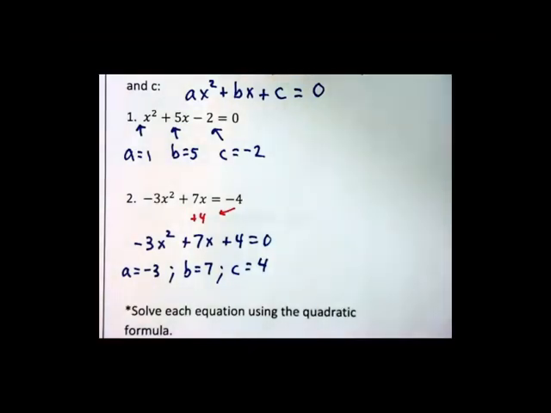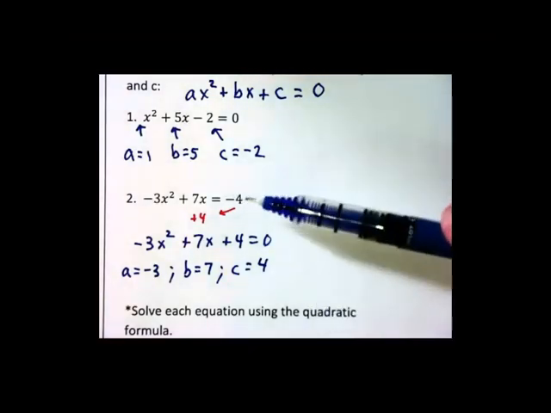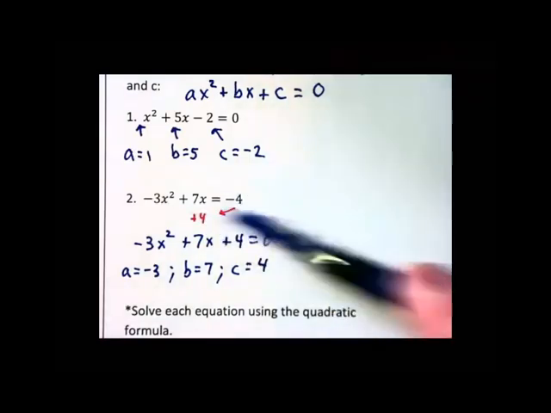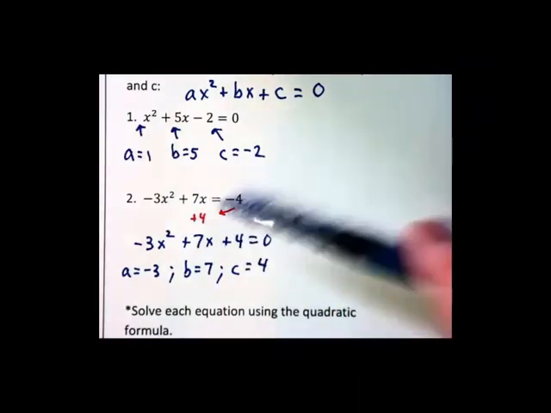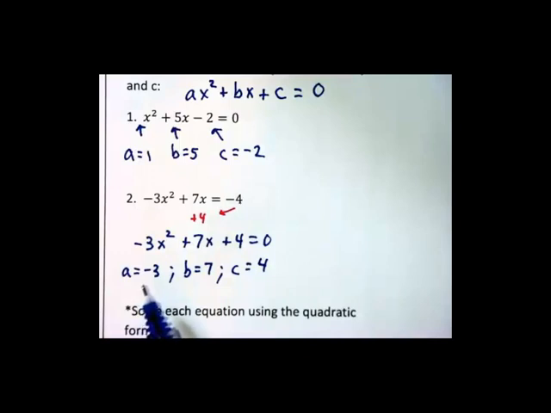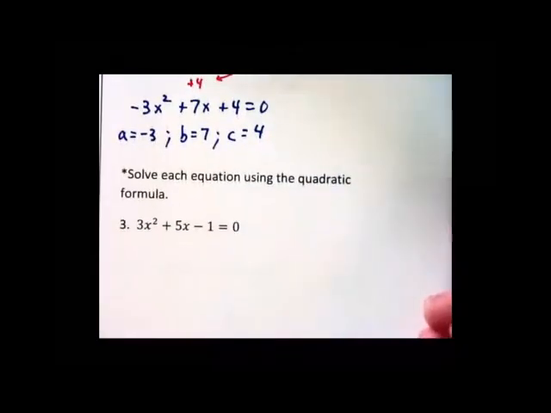Now I also want to comment, had we moved the x squared to the right side of the equation and set it equal to 0 on the left, the signs of A, B, and C would have all been the opposite of what I've got here, and that would be perfectly acceptable when it comes to using the quadratic formula.